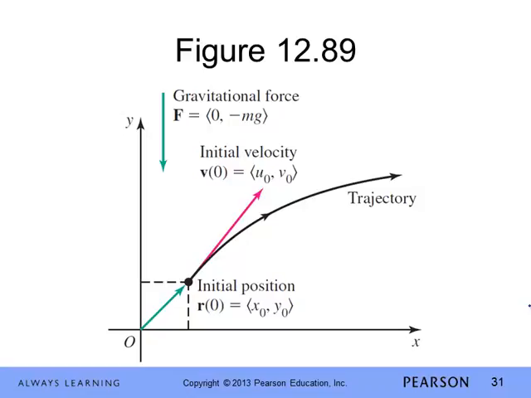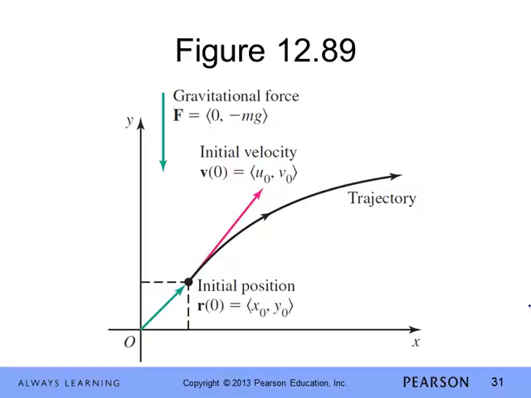So we launch this object in a certain direction as indicated by the initial velocity, which also has information about the initial speed, which would be the magnitude of that initial velocity. So the initial velocity gives you speed and direction.